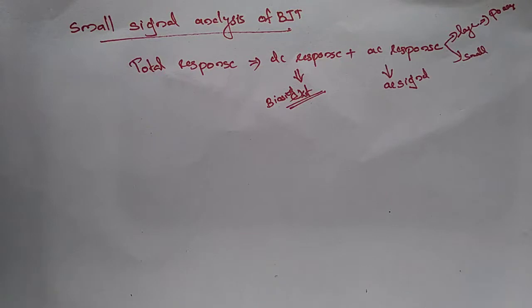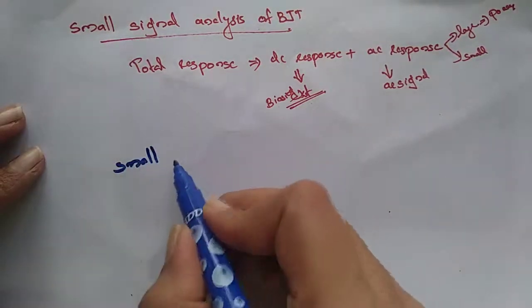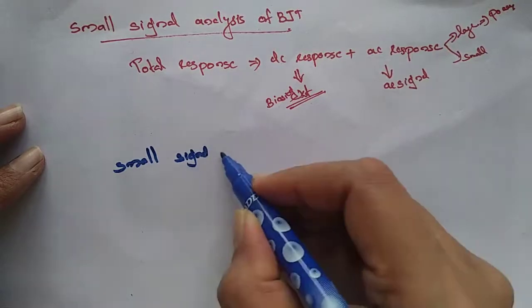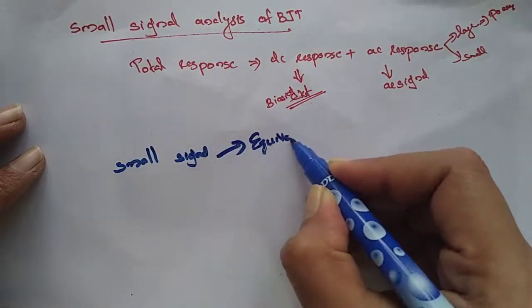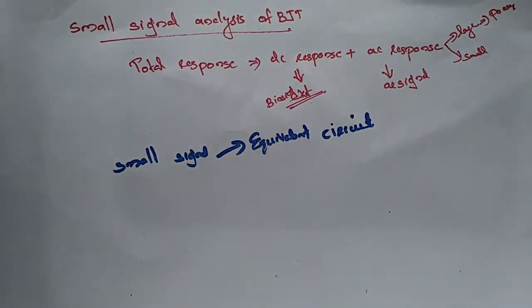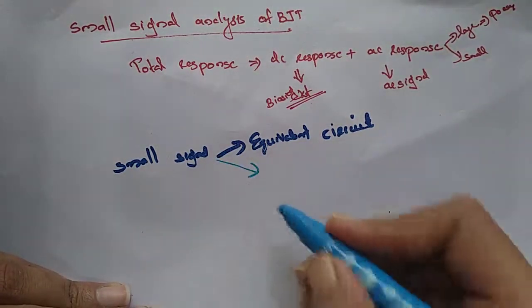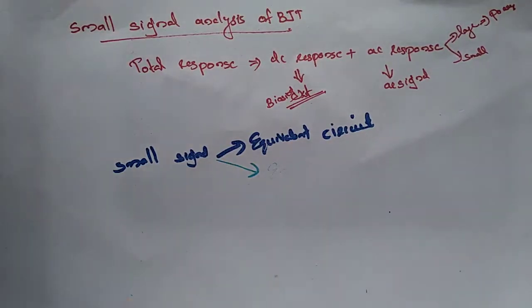I have already told you that there are two steps for performing our small signal analysis. In the first step we draw the equivalent circuit, and in the second step we proceed to find the equivalent model.